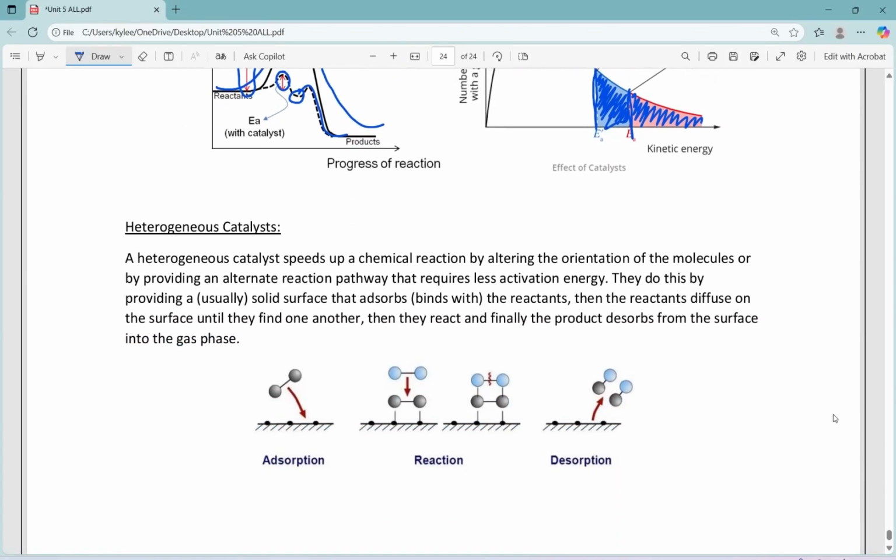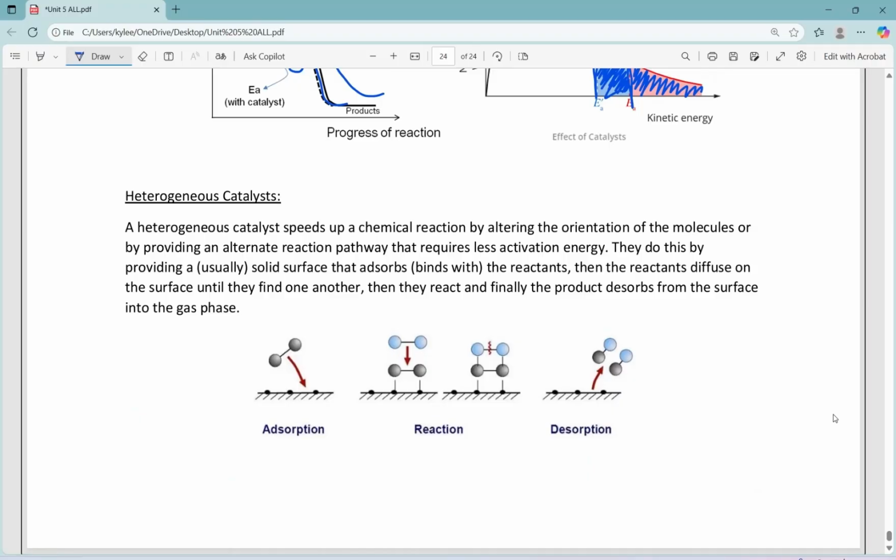A heterogeneous catalyst is something that works in a different phase from the reactants. And the way it speeds up the chemical reaction is usually by providing a solid surface that helps the particles be oriented to each other properly.